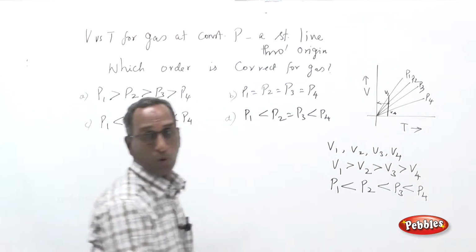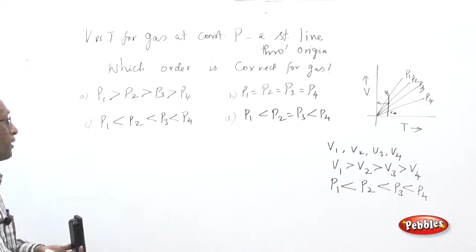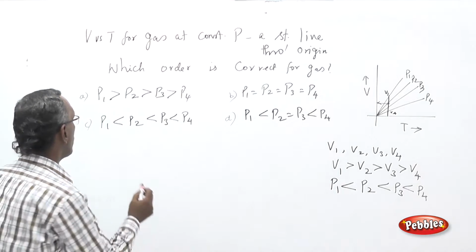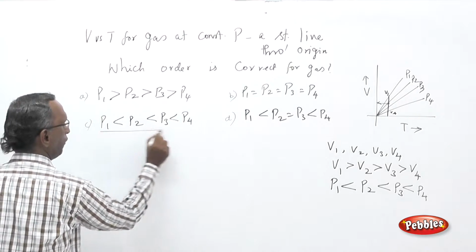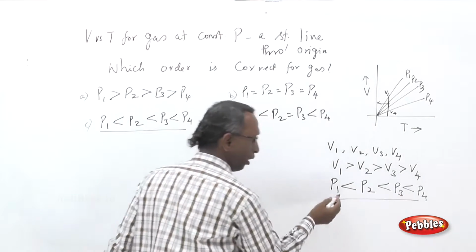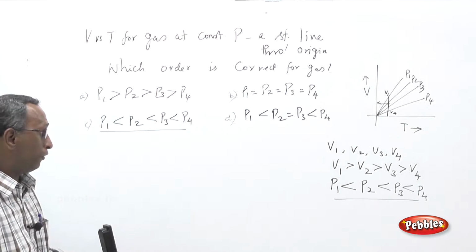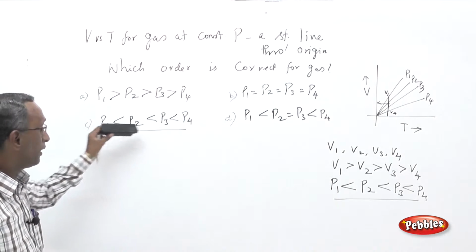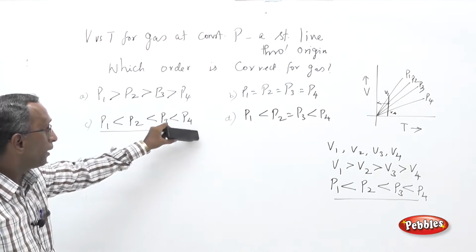So for this plot, application of Boyle's law fixes the correct order as that of C. C reads P1 is less than P2, less than P3, less than P4, which is what we have deduced from the graph.